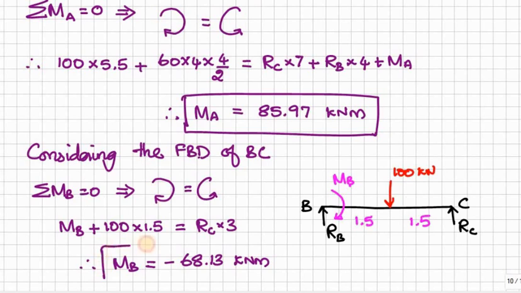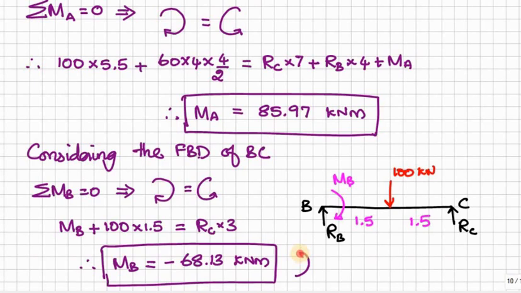That means the moment at B, here we are getting a minus sign, therefore actually the bending moment at B is acting in the anti-clockwise direction as far as the member BC is concerned.